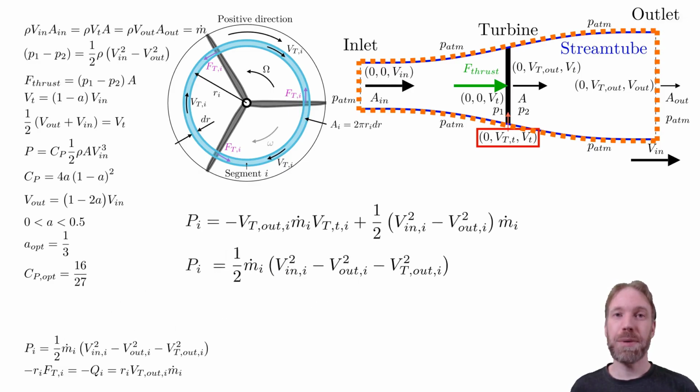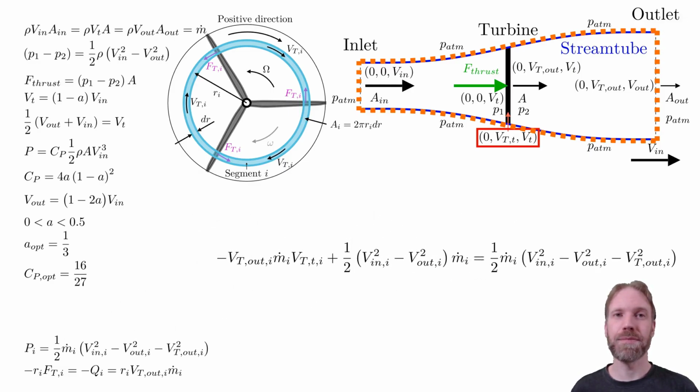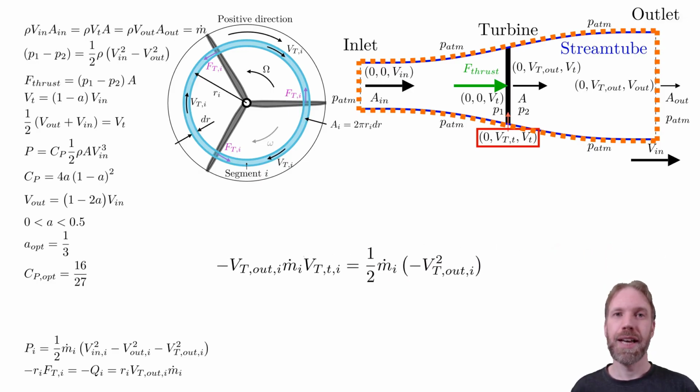Set the two expressions equal to each other. The V in and V out terms cancel. Cancel the mass flow rate and remove the minus sign.